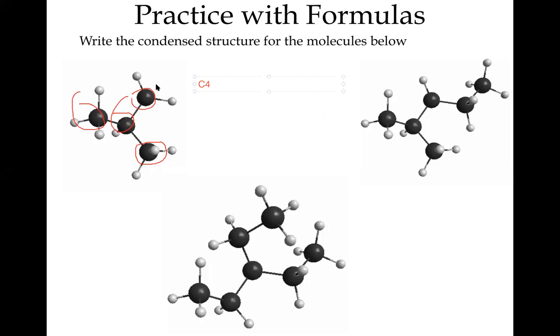Ooh, that's tricky because it doesn't show you the 10th one, but that should be H10. Interesting. Yeah, trying to trick you. But right, because this carbon has to have 4 bonds. It's only showing 3, but there must be one going through the screen, so behind that carbon. So that's C4H10.